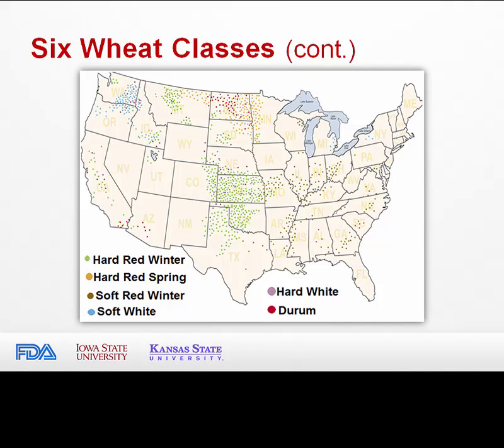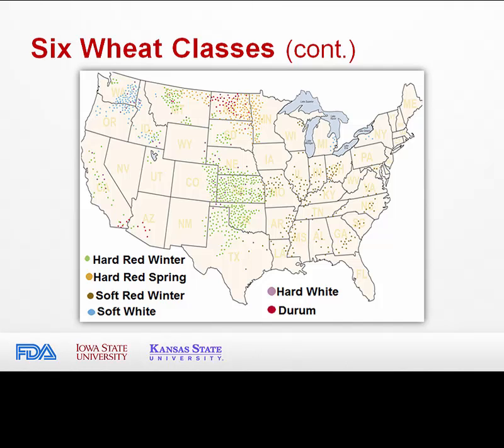Hard white wheat is produced in California, Idaho, Kansas, and Montana. And hard red spring wheat and durum is harvested in the northern plains. Hard red spring wheat and soft red winter wheat are the most likely of the whole grain forms to be used as an ingredient in animal feed.